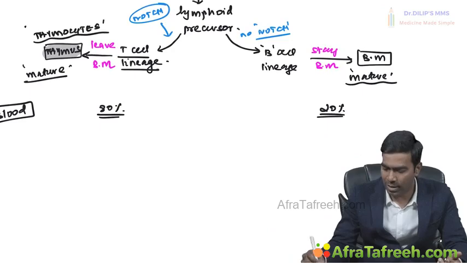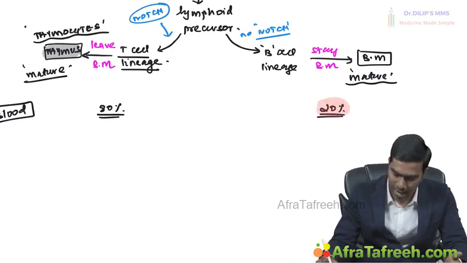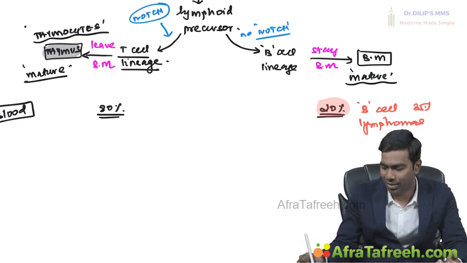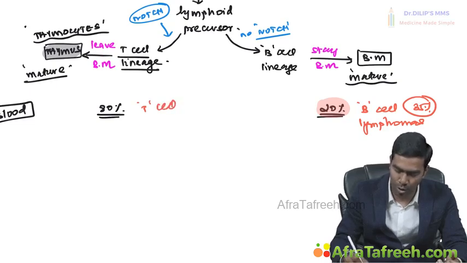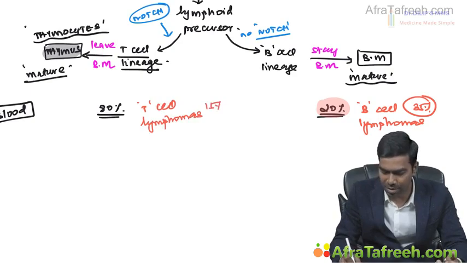Remember, this is a big irony: even though B cells contribute only 20% in the blood, B cell lymphomas, or neoplasms, contribute 85% of the lymphomas, and T cell lymphomas contribute only 15%. Even though the number of T cells in the peripheral blood is more than that of B cells, from the lymphoma perspective, the B cell neoplasms are the most important.